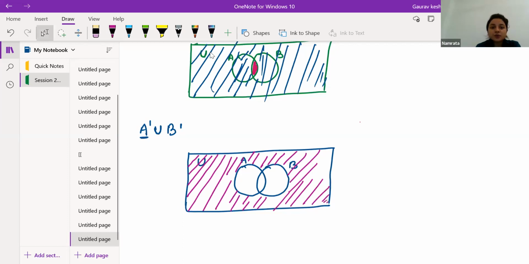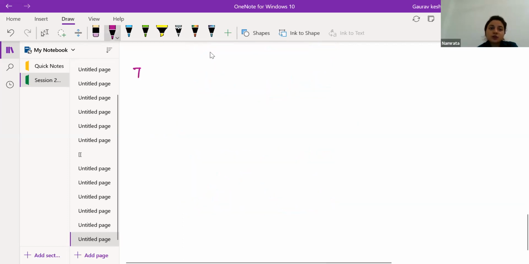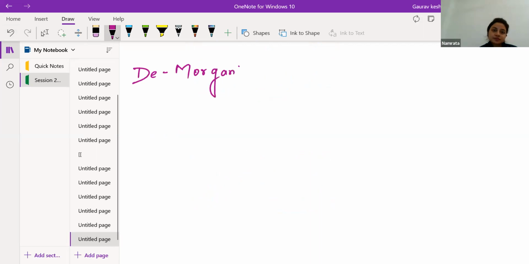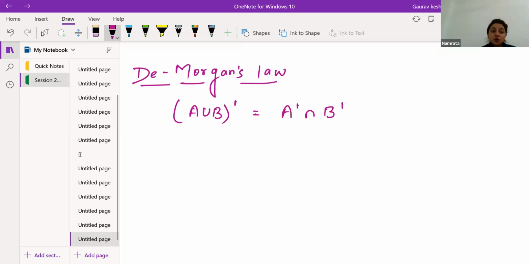Now there is a law, De Morgan's law, which says that A union B complement will be equal to A complement intersection B complement, which also says that A intersection B complement is equal to A complement union B complement.